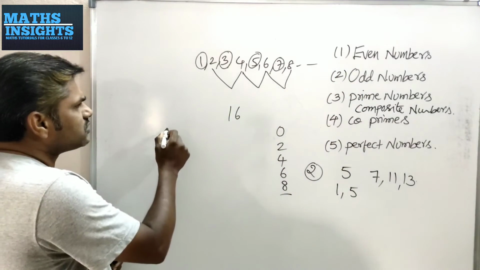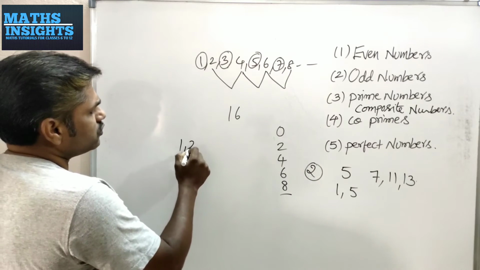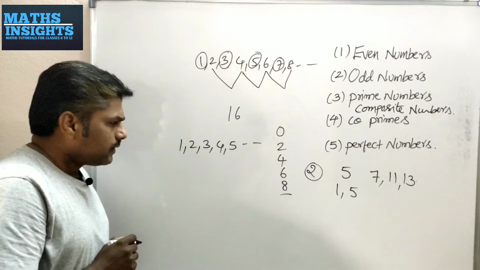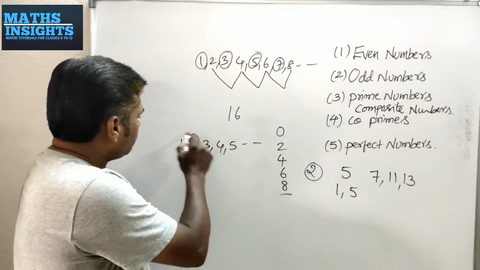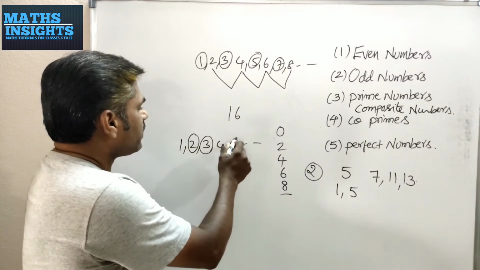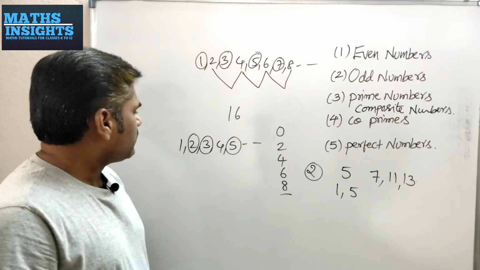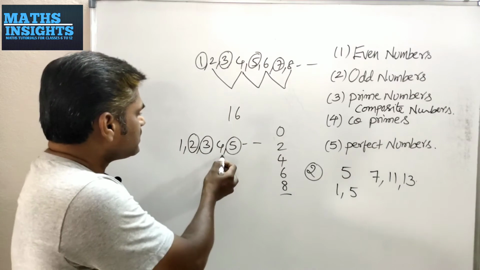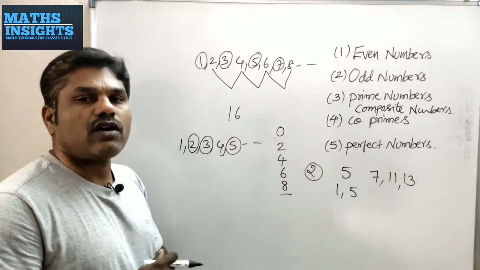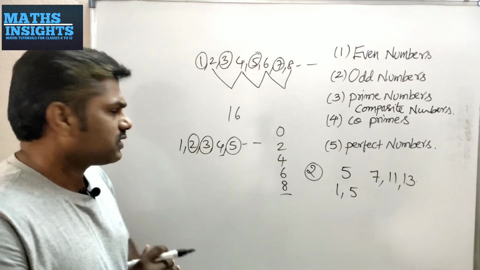The counting numbers start from 1, 2, 3, 4, 5 and so on. If you observe, prime numbers start from 2. 2, 3, 5 are the prime numbers, and these 4, 6, 8 are called composite numbers.